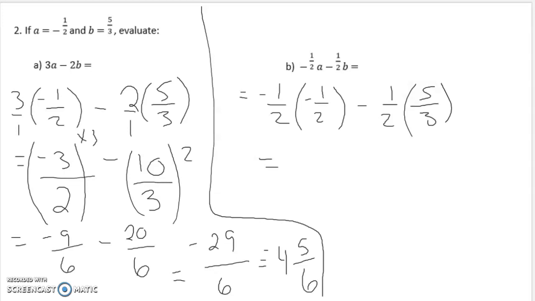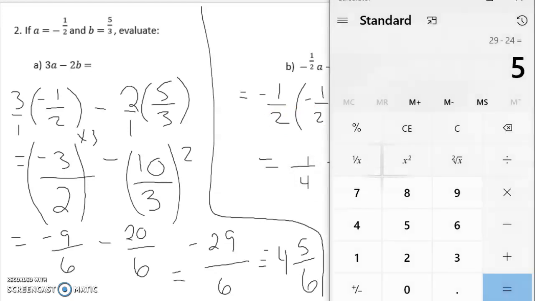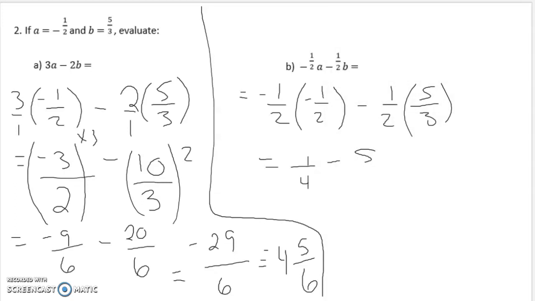Alright, so now we need to multiply the numerators together. -1 times -1 gives me 1. And 2 times 2 gives me 4. And then subtract 1 times 5 gives me 5. And 2 times 3 gives me 6.